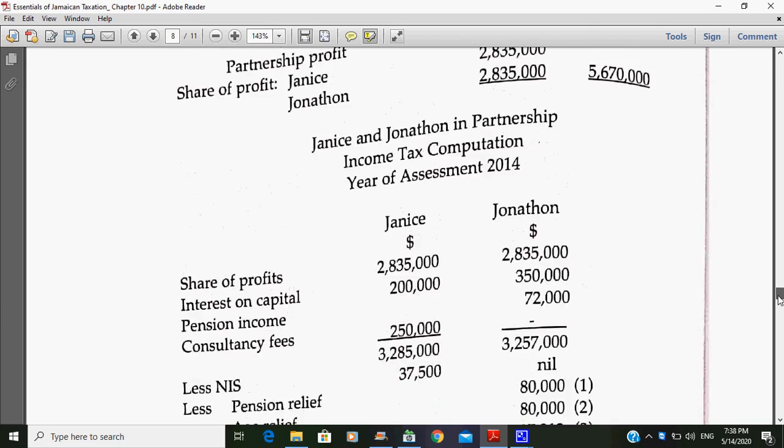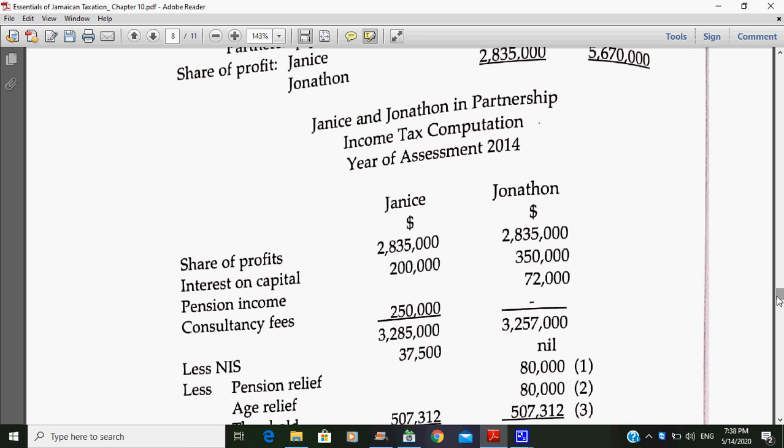Now we're going to look at Janice and Jonathan as it relates to the income tax computation. This is just a rule or routine we call it.